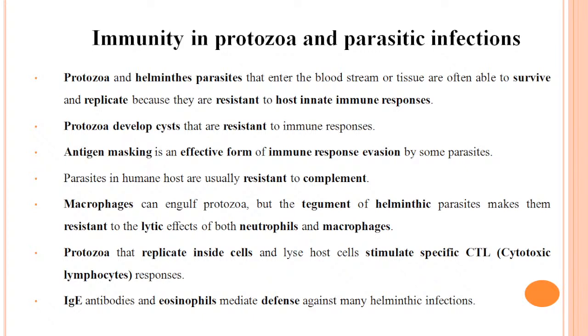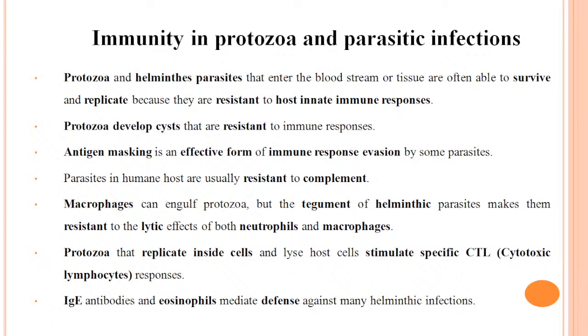So we can see that such immune mechanisms as complement, neutrophils, macrophages, and phagocytosis are not effective against protozoa and parasitic helminths.